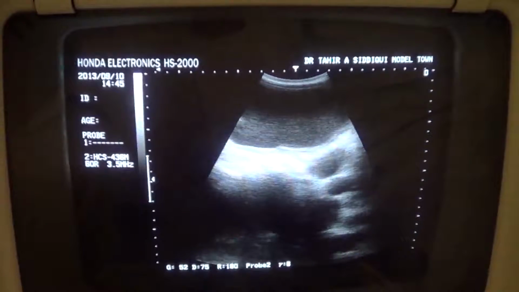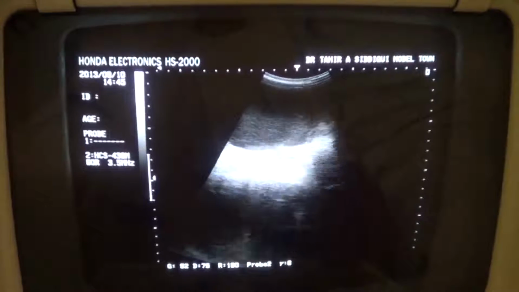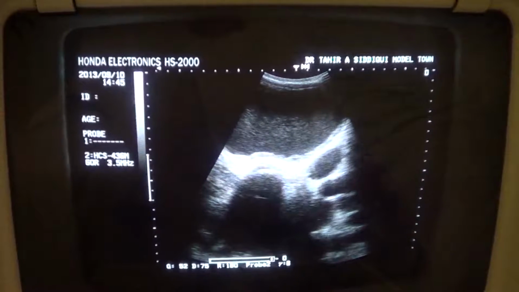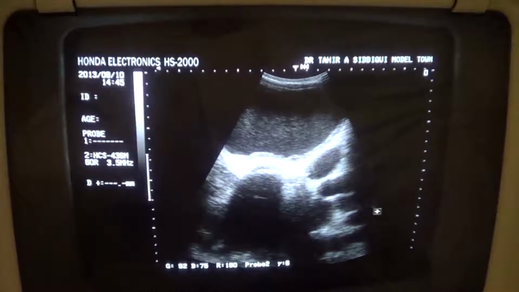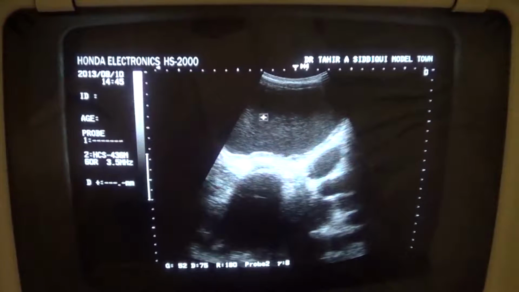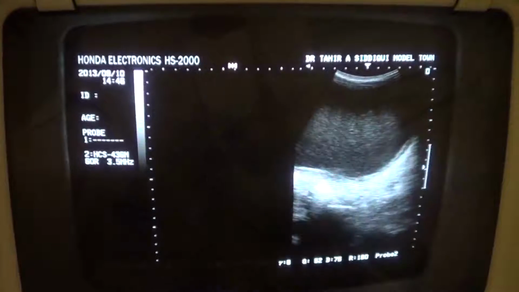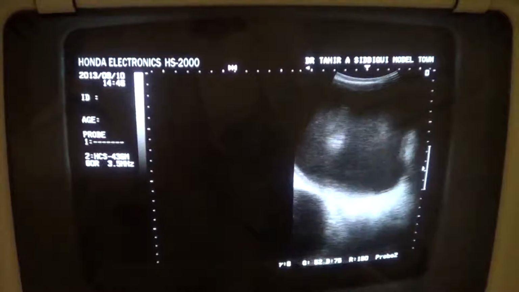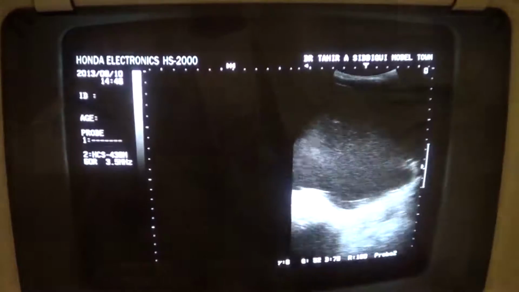This is the convoluted ureter, left side, and this is the urinary bladder. See the dependent region floating echoes in it. So the post-micturition residual volume is raised, absolutely no difference.